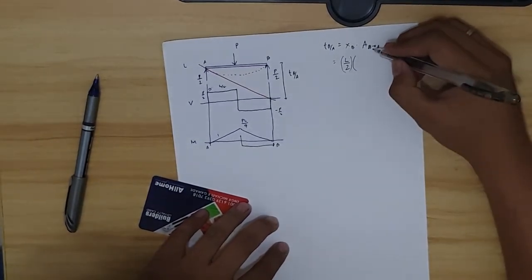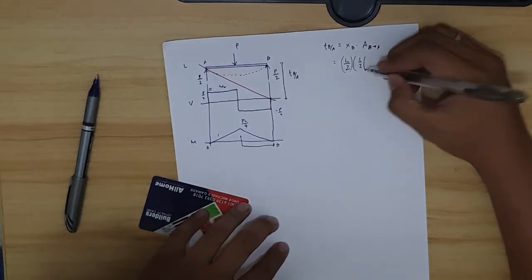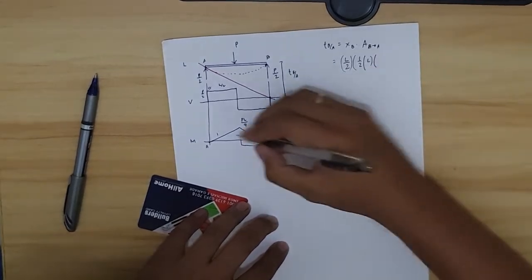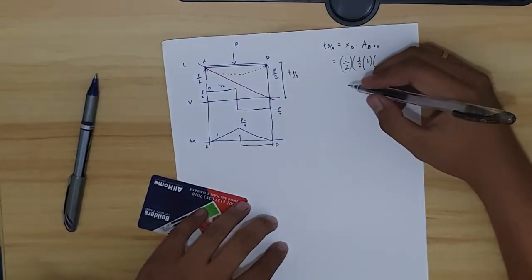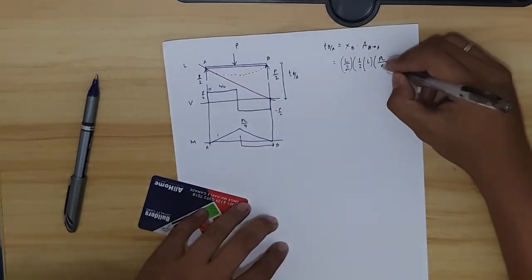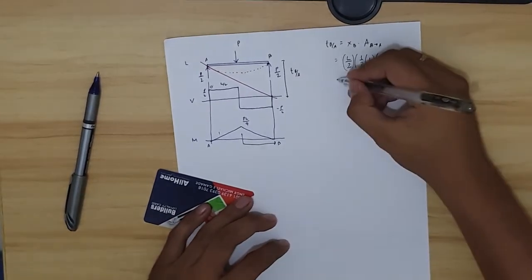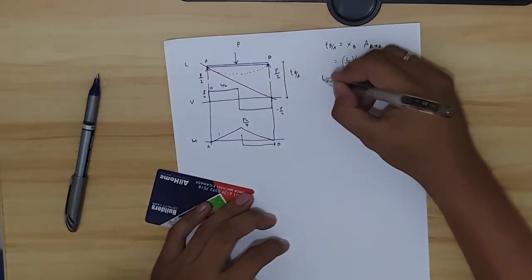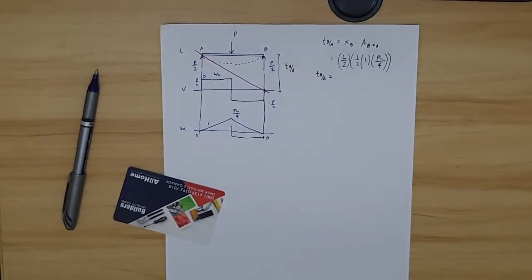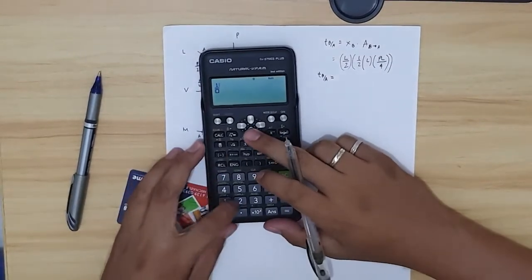Then the area is 1/2 times L times height, PL over 4. Okay, so that is deviation at B with respect to A. Using your calculator, multiply na mo dito, no? 1/2.